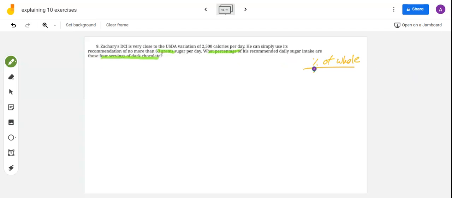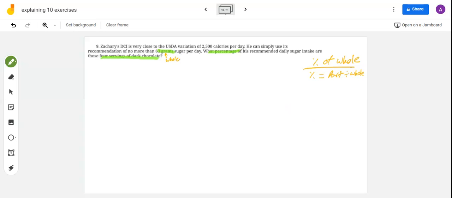Which is percent equals part divided by whole, right? So this is going to be our whole. The 63 grams is our whole.